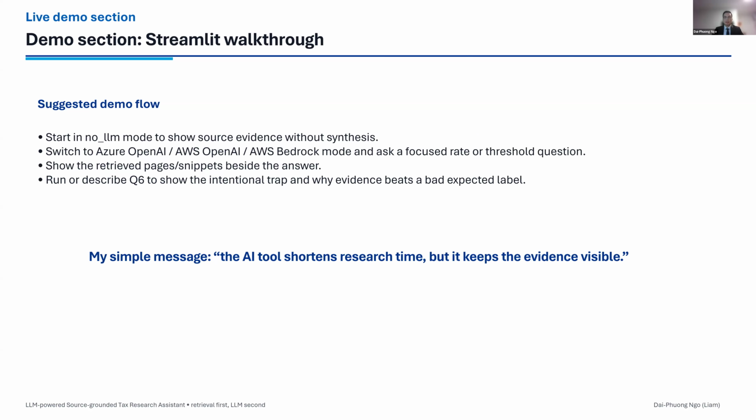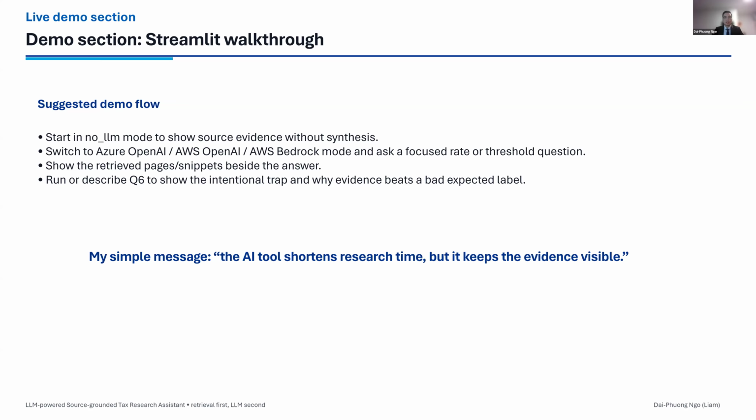This is where I would play with the Streamlit. I would start with no LLM mode because it proves the retrieval layer by itself. Then I would switch to Azure OpenAI mode and AWS Bedrock mode and answer narrow questions, like tax rate, threshold, or filing deadline. I would point out that the answer is useful only because the app also shows the retrieved evidence.